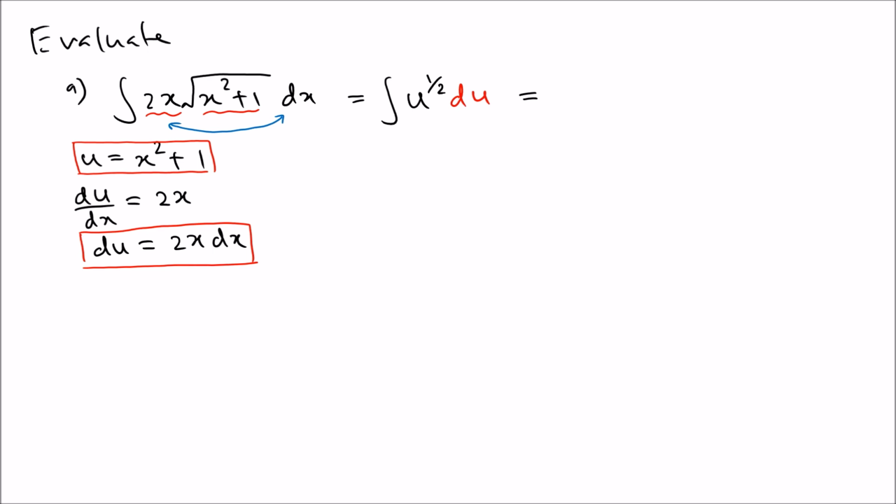You add 1 to the power and divide by the same, then plus c. Now you need to put the variable back. So your final answer is 2/3 times u to the 3/2, that is, 2/3 (x squared plus 1) to the 3/2 plus c.